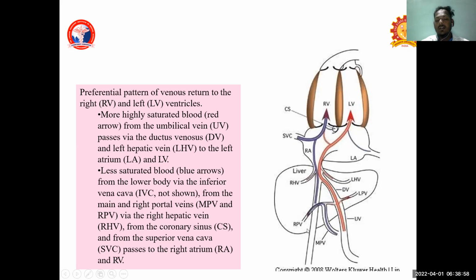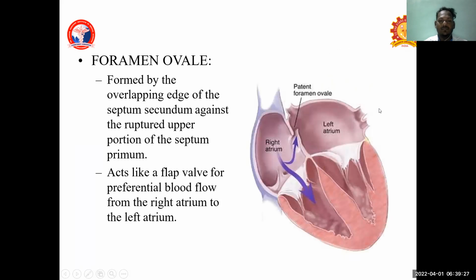But here, the blood from the lower part of the body enters into the IVC. Along with that, the main portal vein and right portal vein enter into this, and along with the SVC, this gets drained into the right atrium and enters into the right ventricle. So, the right side has more deoxygenated blood, and the left side has more oxygenated blood.